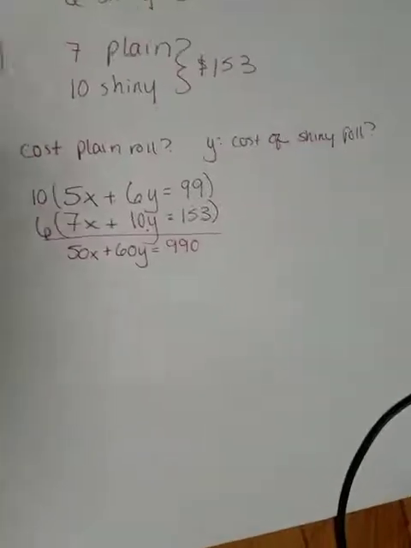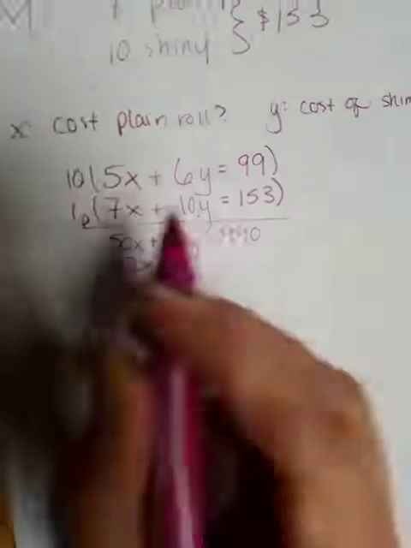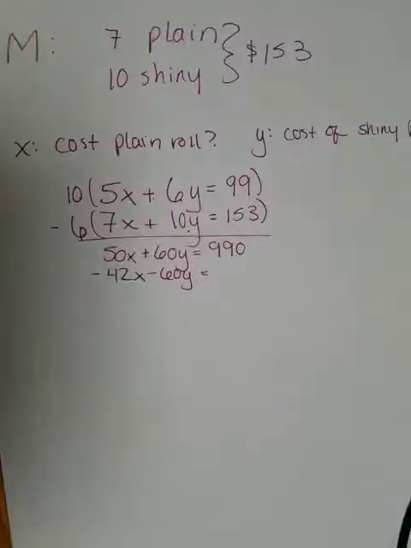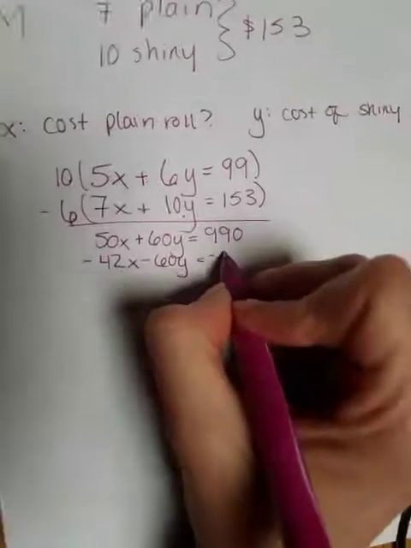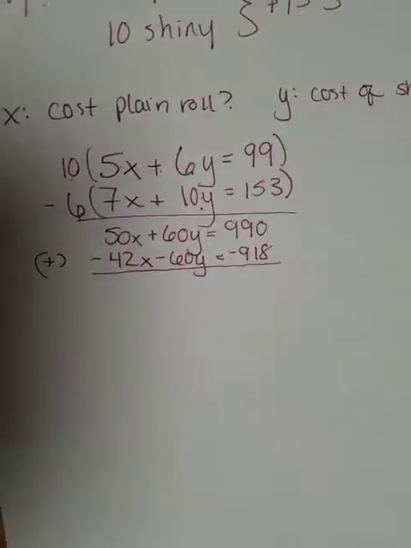Now I go to my second equation. Negative 6 times 7x is negative 42x. Negative 6 times 10y is negative 60y, and 153 times negative 6 is negative 918. Remember, you're adding these together.